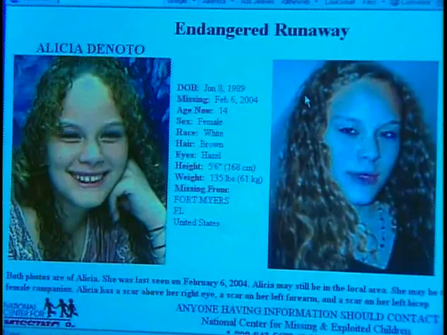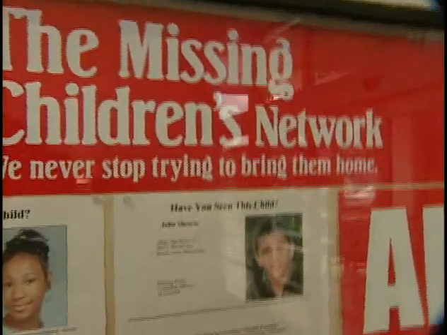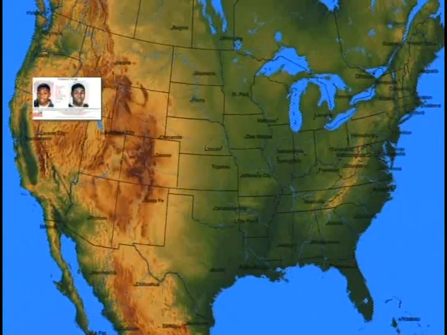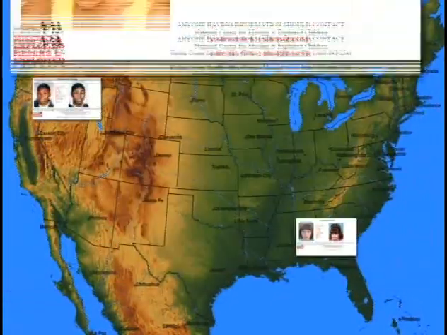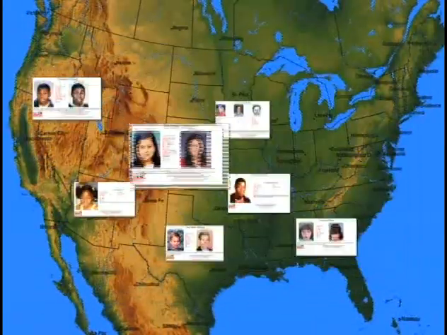Secondly, at the time you report it in, this is a powerful tool you can use with the family. You can tell them, what I've just done is entered your missing loved one into CLETS, the California Law Enforcement Telecommunications System, and NCIC, the national system, and explain to them that as of this moment, any officer in the United States that comes in contact with your loved one has immediate access to the fact that they're missing and who to contact, and it refers directly to my report.